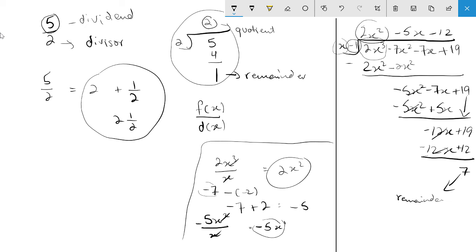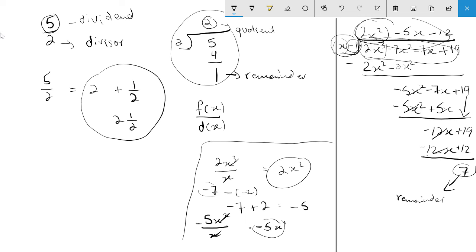You can see that we applied this concept of long dividing numbers to long dividing polynomials. We have a very similar situation where we had a dividend, which was this polynomial right here, we had a divisor, and now we have a quotient and a remainder.